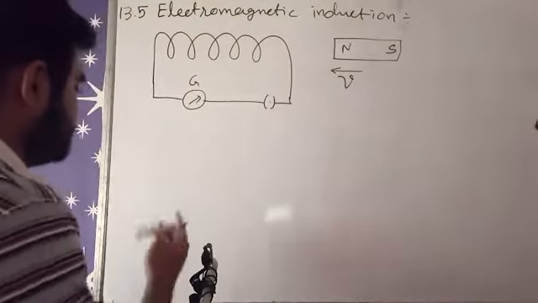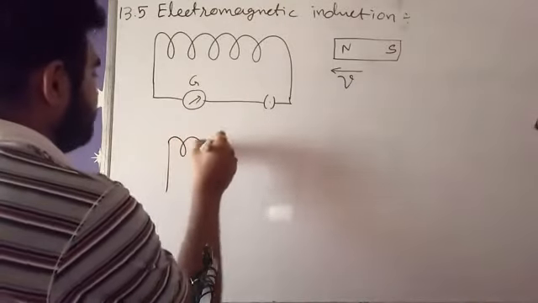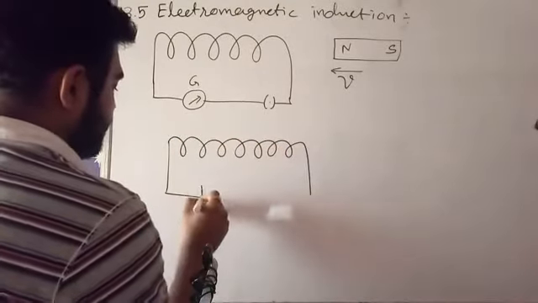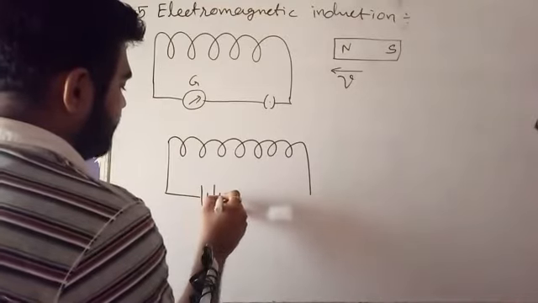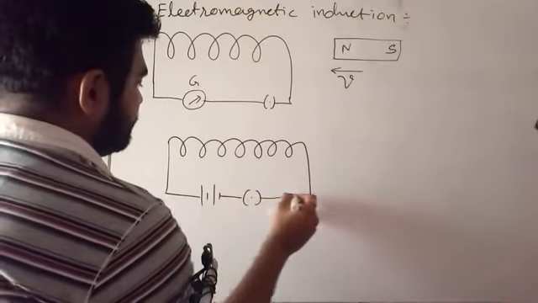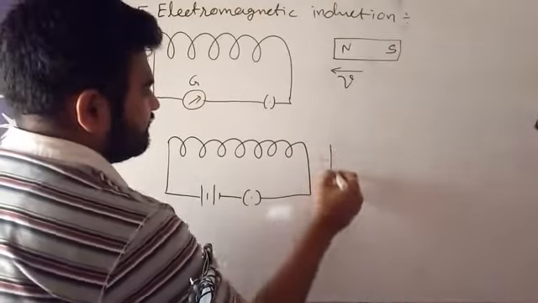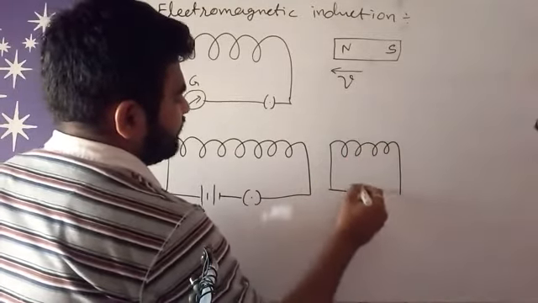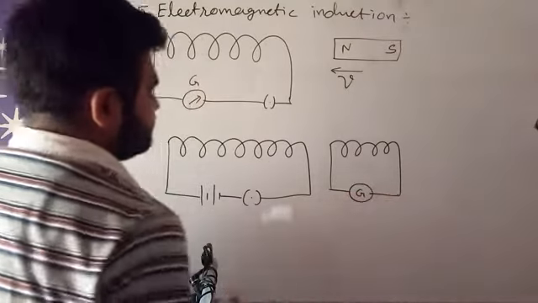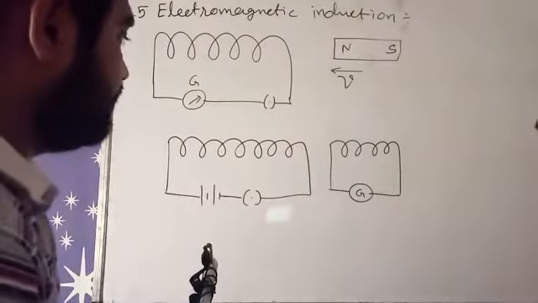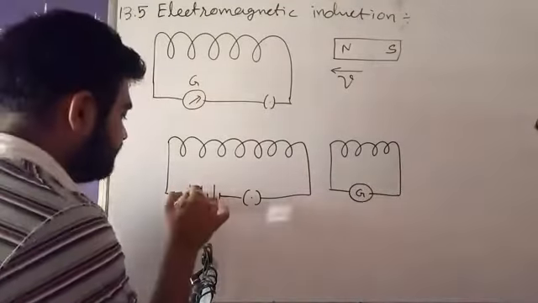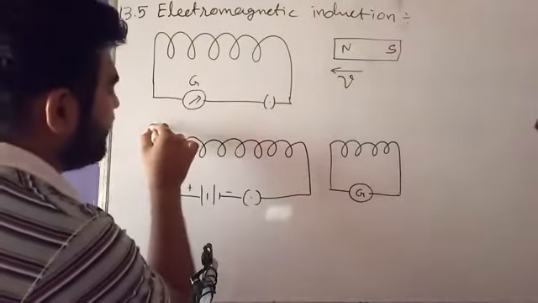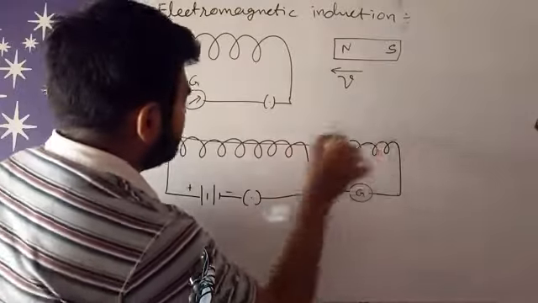Now the second demonstration: we have one more coil. That solenoid is connected with one battery and a key, and further we have a second coil connected with one galvanometer, right? So now what are we doing? Current is passing through this coil, and as a result we get a magnetic field which is linked with this circuit.